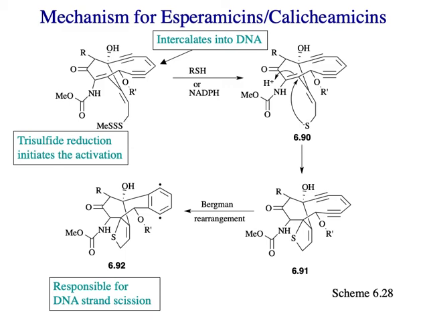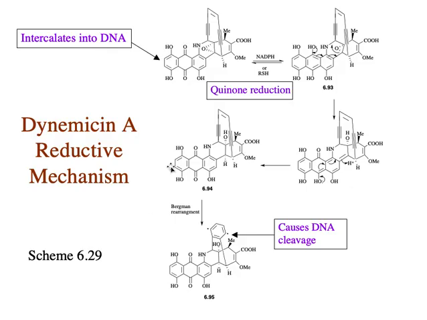Here with the dynemicin, we're going to reductively activate the quinone to, again, an activated structure like this. See how it looks like that diphenol structure, right? So that is the activated structure of the quinone. It looks like two phenols attached together.